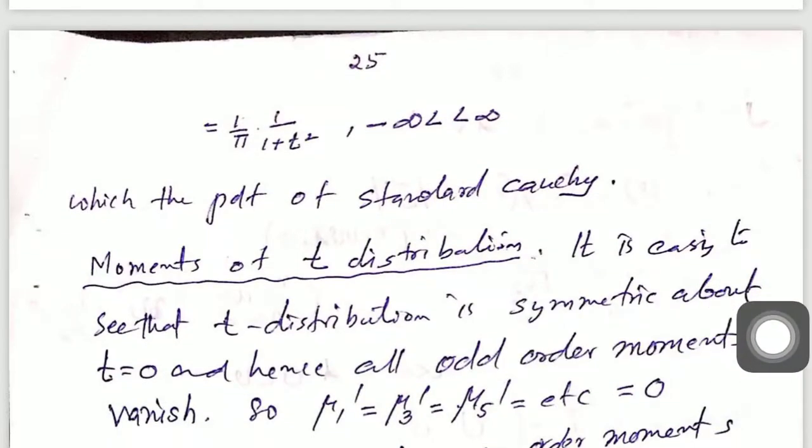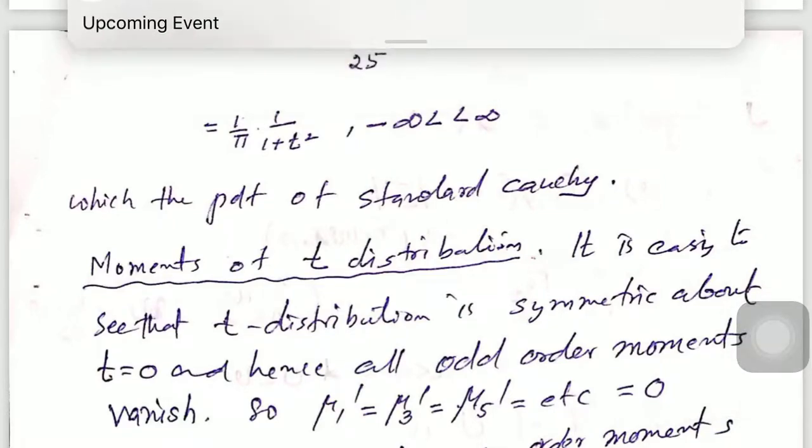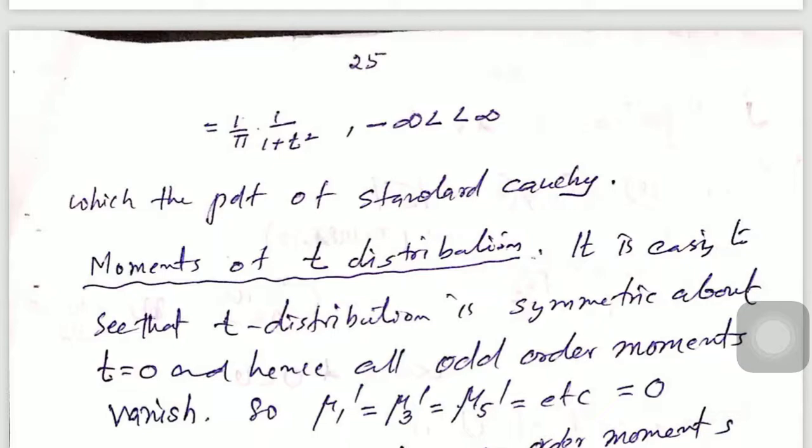And you have to remember that the connection between t distribution and Cauchy distribution is this. Cauchy distribution is a special case of t distribution when degrees of freedom of chi-square distribution in the definition of t distribution is 1. Standard Cauchy distribution is the t distribution with 1 degree of freedom.